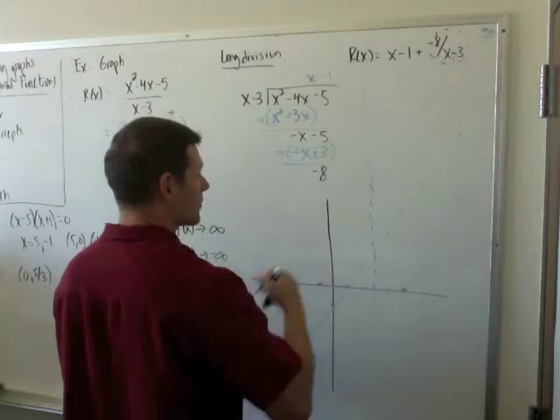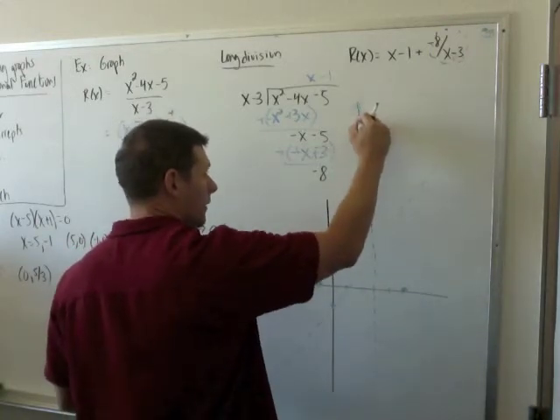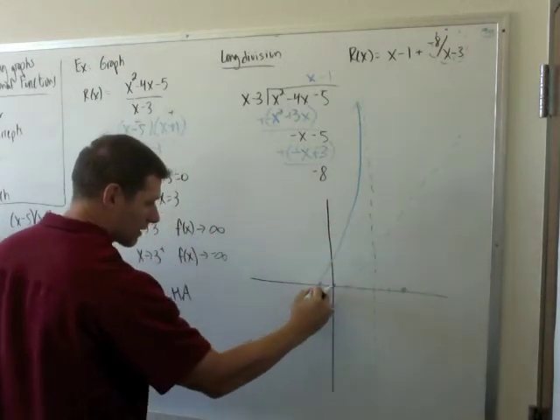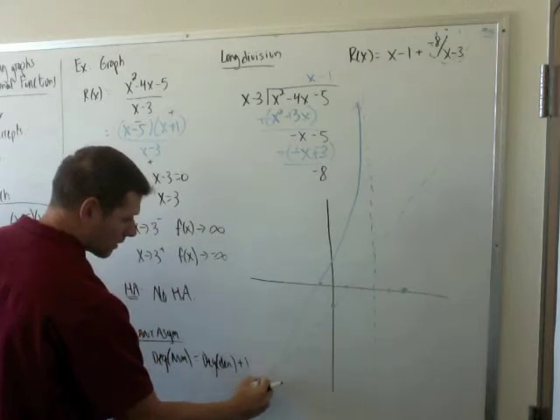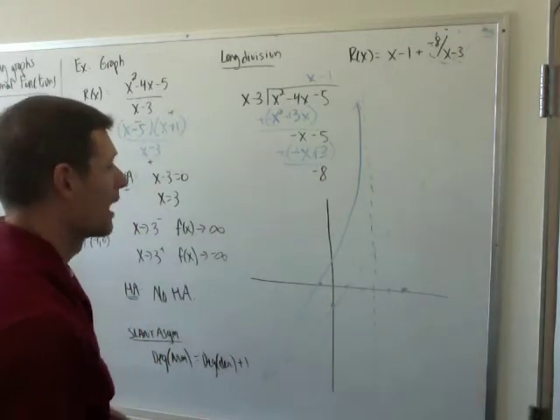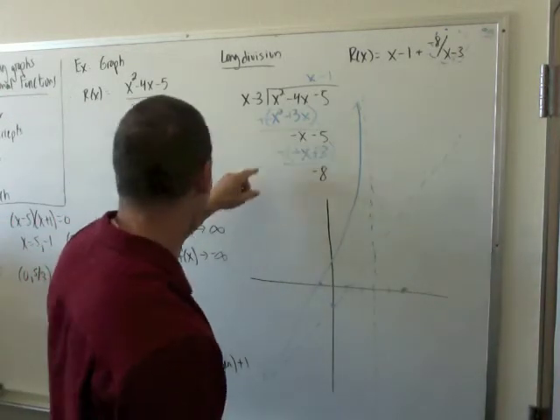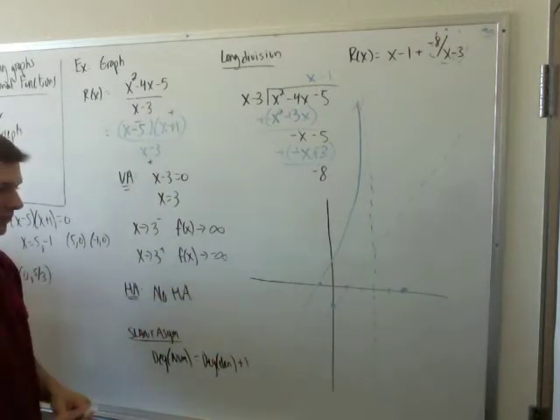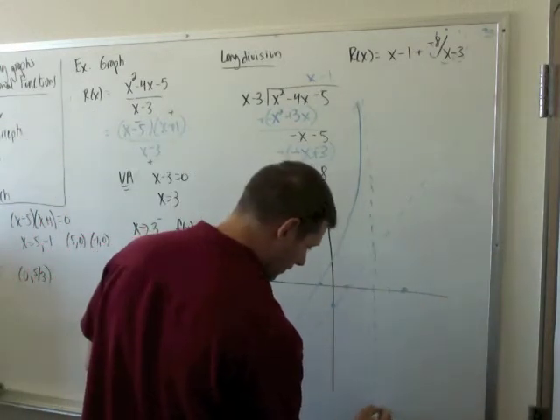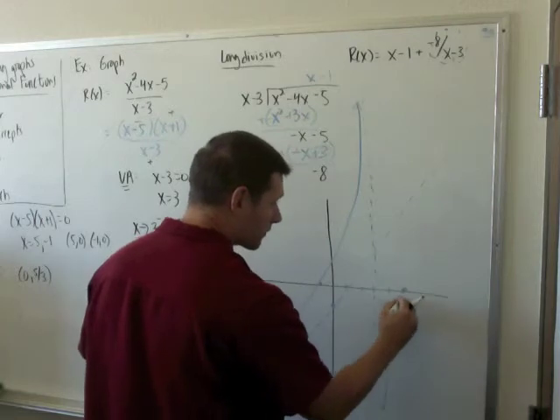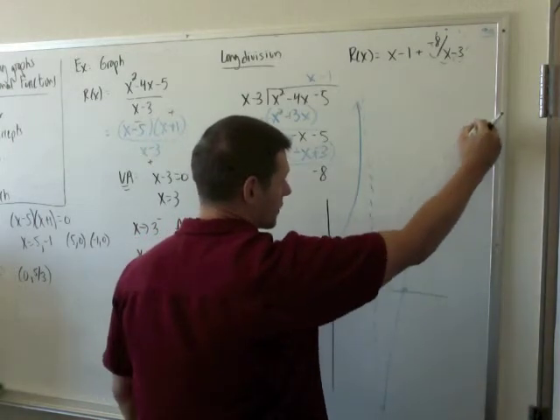So my graph is going to be up here. And then it's going to go through that point, and then it's going to approach that one. And as I approach 3 from the right, I go to negative infinity. So I'm going to go to negative infinity here. And I got to approach this eventually.